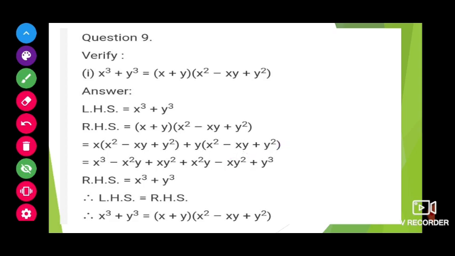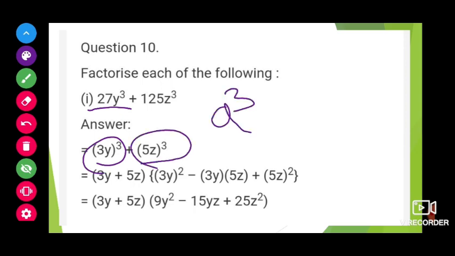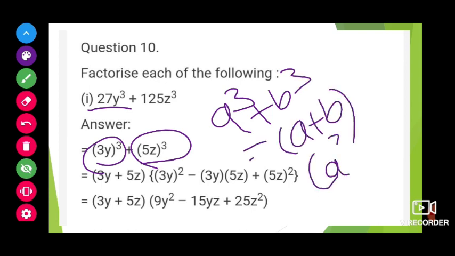Next, see this: 27y cube plus 125z cube, we can write as 3y whole cube plus 5z whole cube. So this is in the form of a cube plus b cube. Just now we had seen the formula. What is that? a plus b into a square minus ab plus b square.